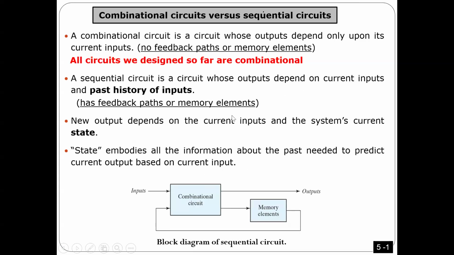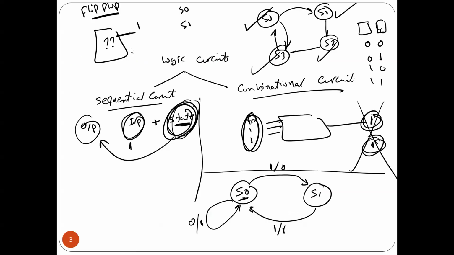So let me read here what we are doing. Yeah. So here all circuits we designed so far are combinational. So here actually, the states are stored in the bits by flip-flops. So flip-flop can tell you what is the current state. Okay?